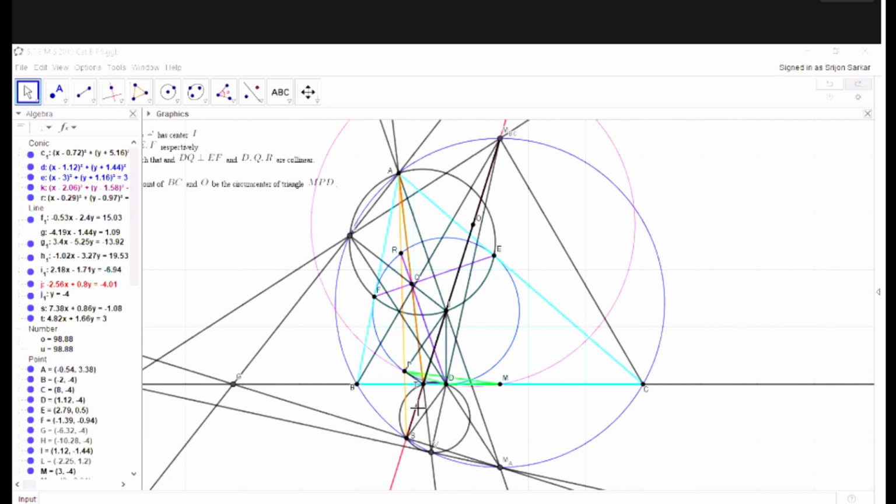So we get this angle is equal to this angle. Clear? And that's why the reflection thing follows, like SD is the reflection of SP or vice versa with respect to this line S I M sub BC.